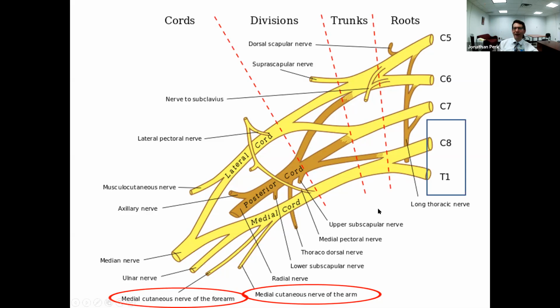So if you have a lesion here in the lower trunk compressing the bottom part here upwards, the nerve fibers which are medial, which are the lowest fibers in the lower trunk, which become the medial fibers in the medial cord, which will become those two sensory nerves, will be impaired. So lesions over here are never good.